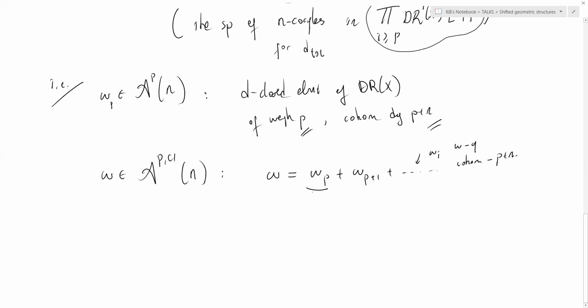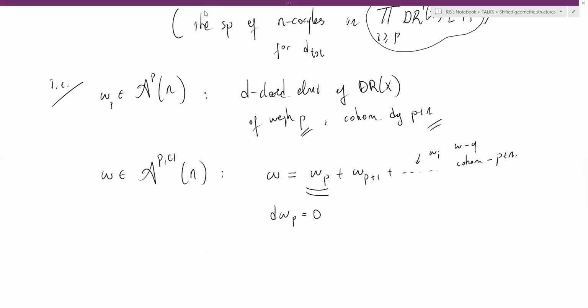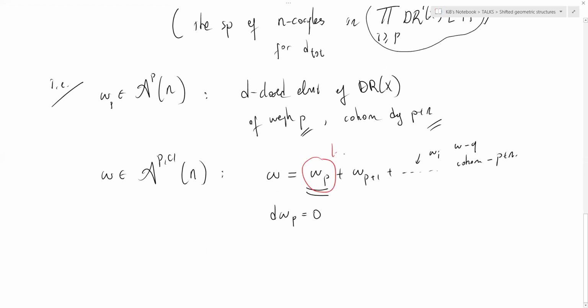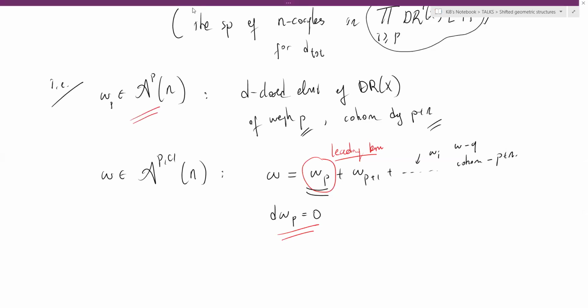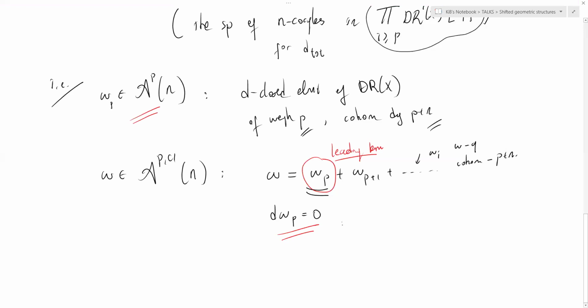They satisfy the following. The first element here is essentially d-closed, so we call the first element the leading term, which because of this condition is an honest p-form. But of course, there are other relations because we want d total closedness, remember, d plus d de Rham closedness.